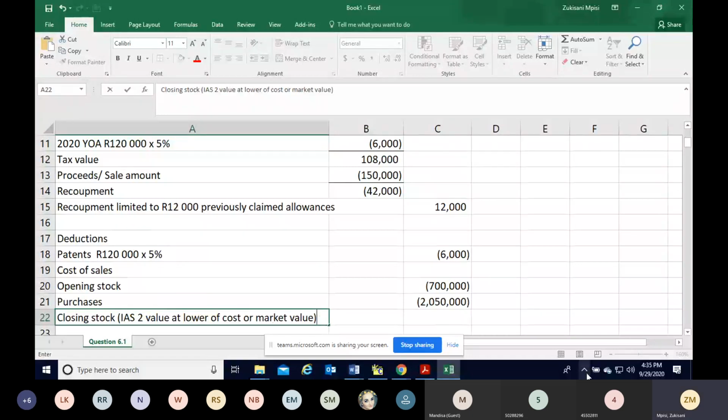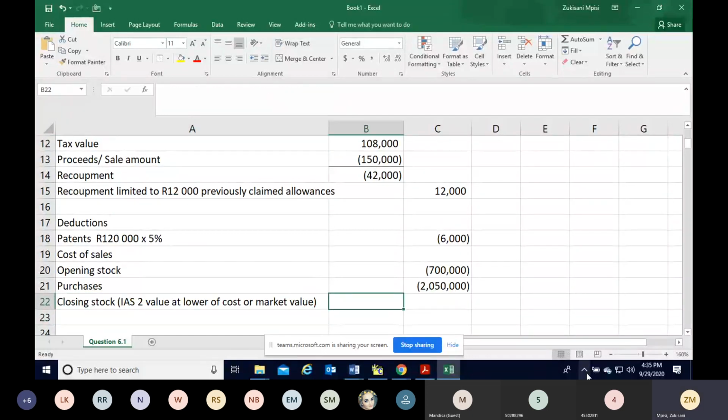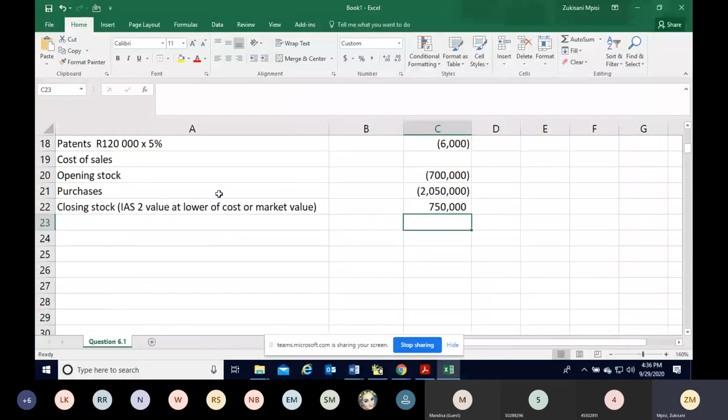So in terms of International Accounting Standard 2, inventory is measured at the lower of cost or market value. So the 750 becomes income in our hands because we have not yet sold the stock.